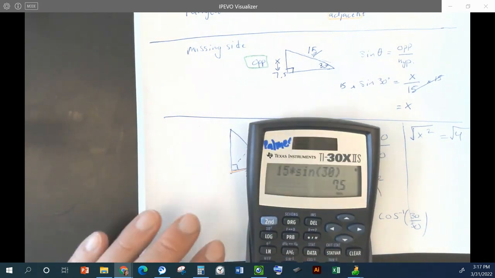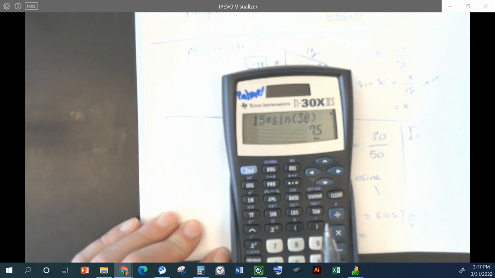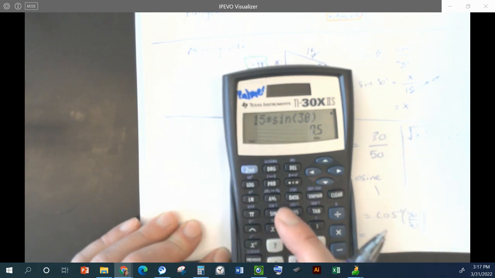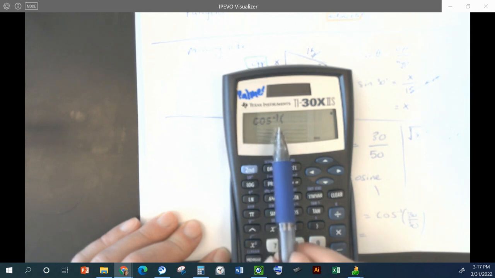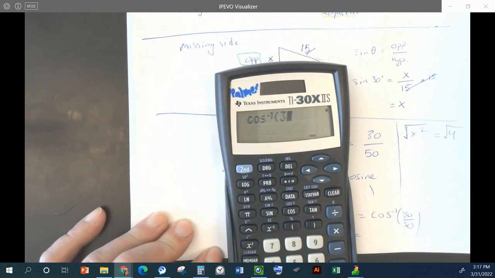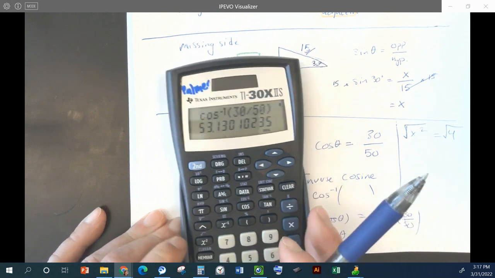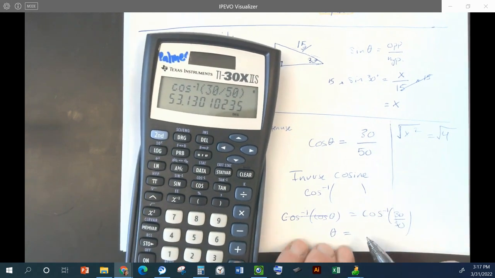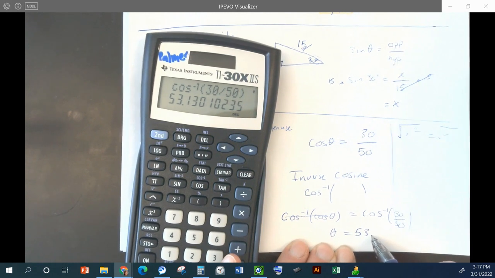It's not too hard. If I go second cosine, that gives me the inverse cosine. And then I type in 30 divided by 50, end parenthesis. So we just found that that angle is 53, and I'm going to round to 1 decimal place, 53.1 degrees.